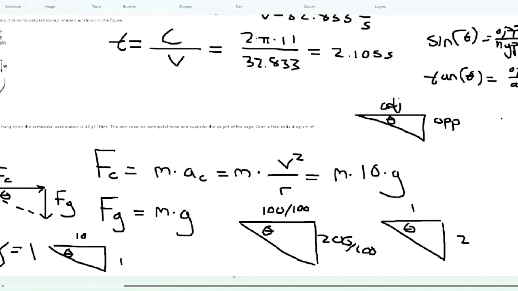We also have cosine of theta, which is going to be equal to adjacent over hypotenuse. Do we have hypotenuse? Well, in this case, we don't really. We can find it, but let's see. Well, we have adjacent, we have opposite, and we're looking for this angle. So we can use this one. We don't have hypotenuse. We have opposite. We have adjacent. So tangent is really our only reasonable option here.